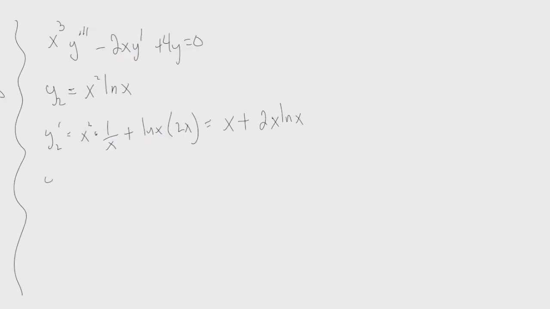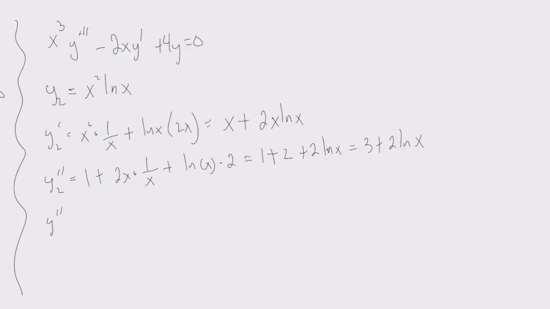Then I want the second derivative, which is 1 plus 2x times 1 over x plus ln of x times 2. Let's pretty that up: that is 1 plus 2 plus 2 ln of x, so that's just 3 plus 2 ln of x.